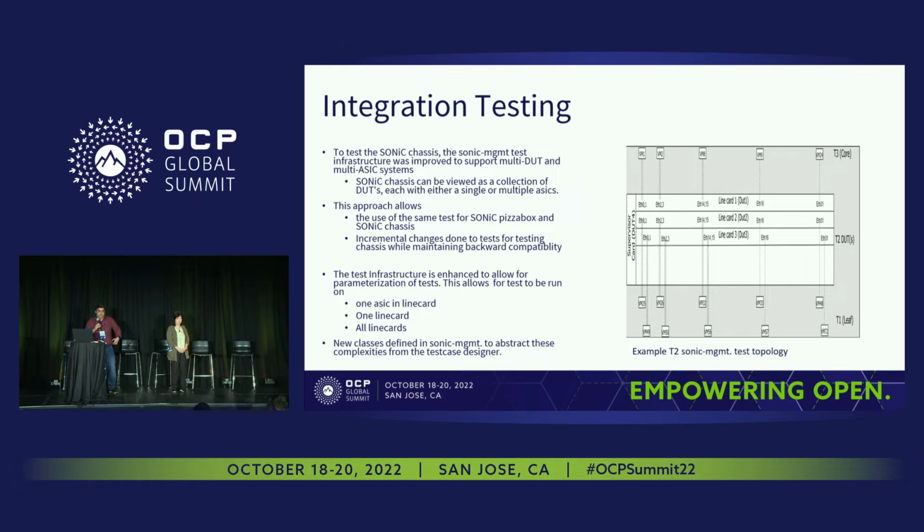The basic idea which we thought was to design a chassis as a collection of DUTs. Each line card is a DUT and a supervisor is a DUT as well. On the right, I have a sample diagram of a topology with four devices, 3 line cards and a supervisor. And then we could run tests on a single ASIC in a line card, or on all line cards, or on a given line card and so on.